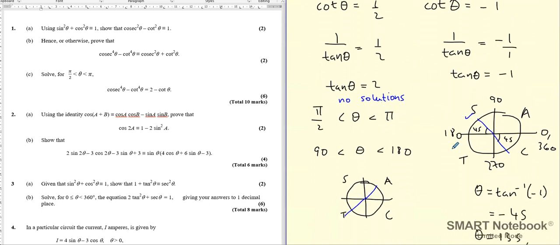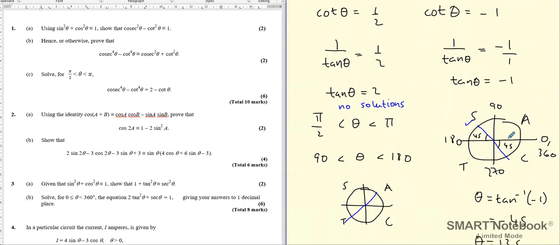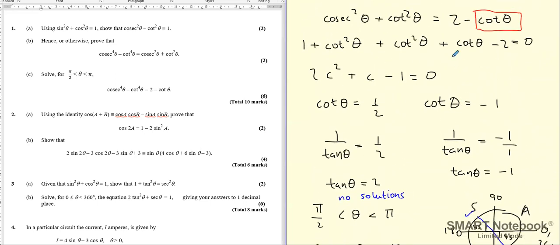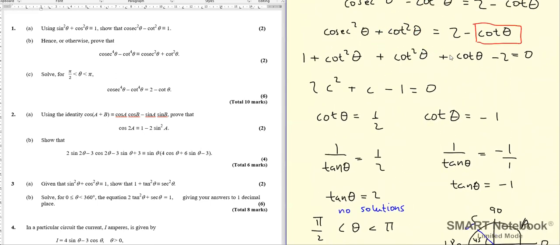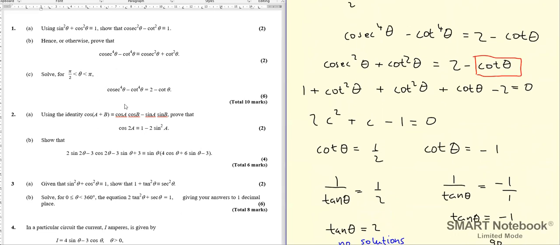Okay, now the final step is entirely up to you how you did it. CAST diagram is just one of the methods that you can use to solve this. The key thing was to get from what the question told us to this.